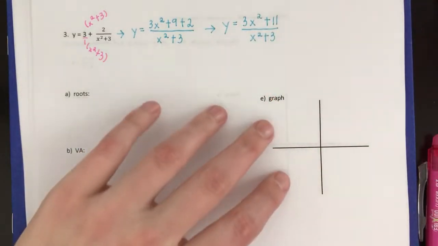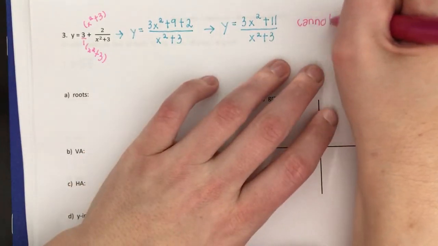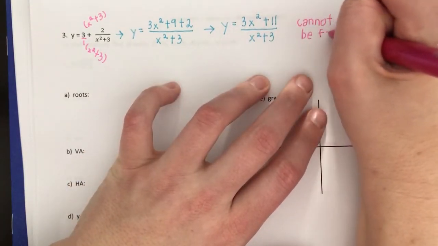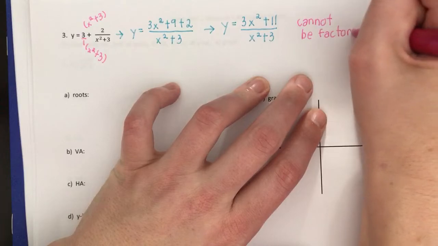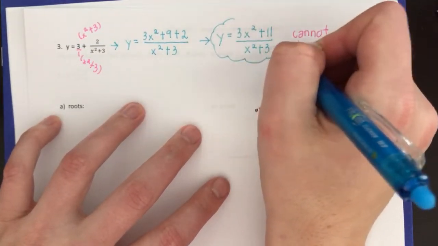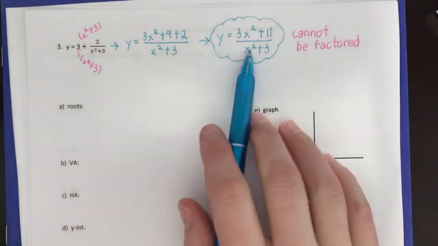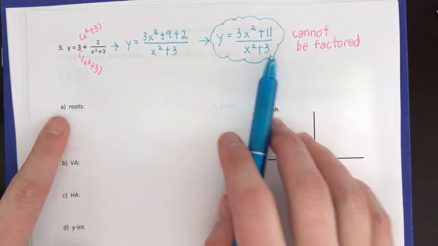And then this cannot be factored. So this is what we're working with. Can't refer back to the original on this one. Okay, so this is what we're working with.